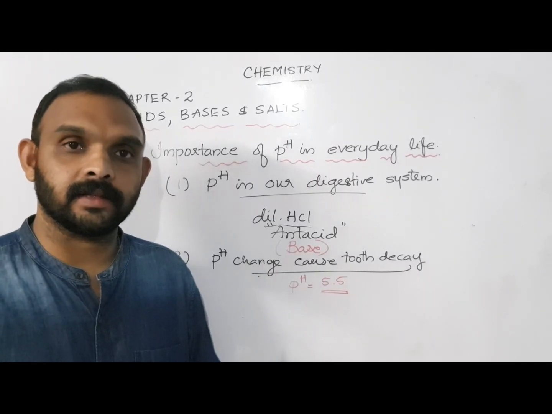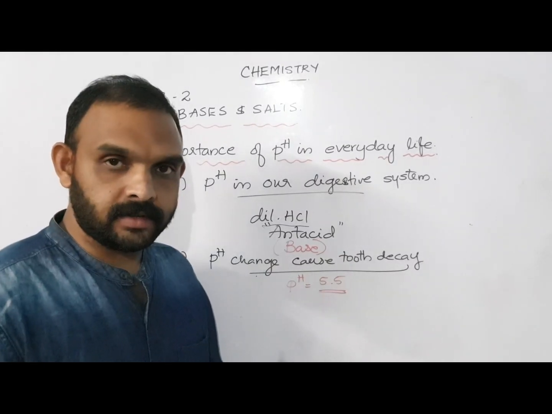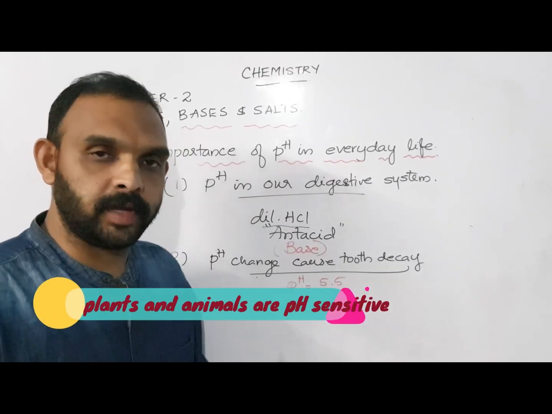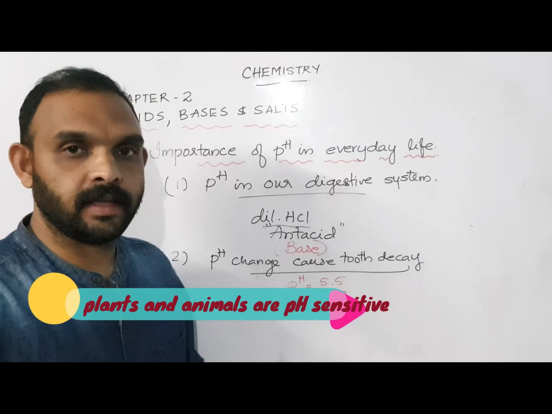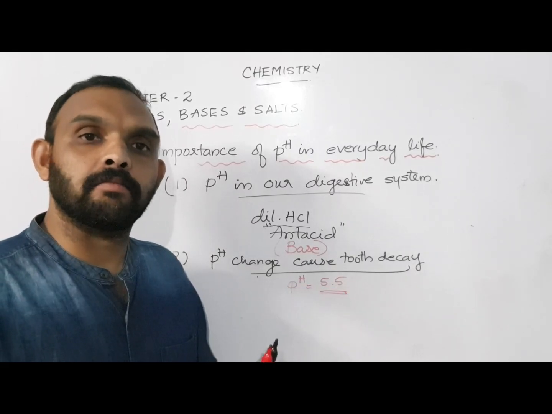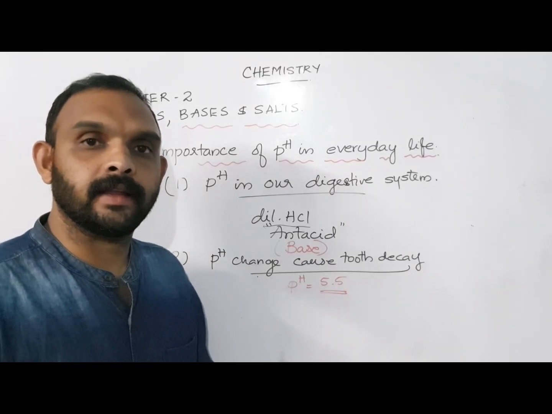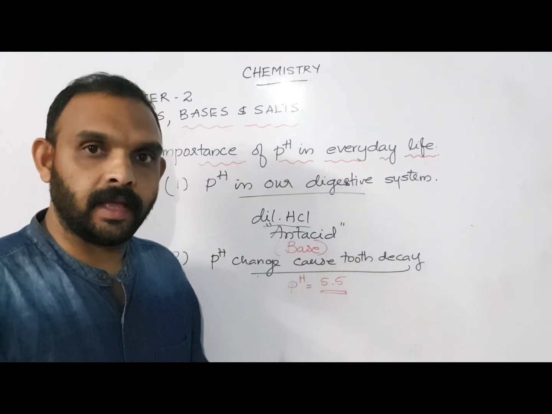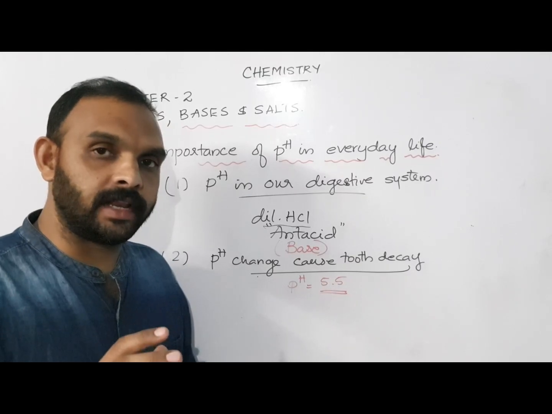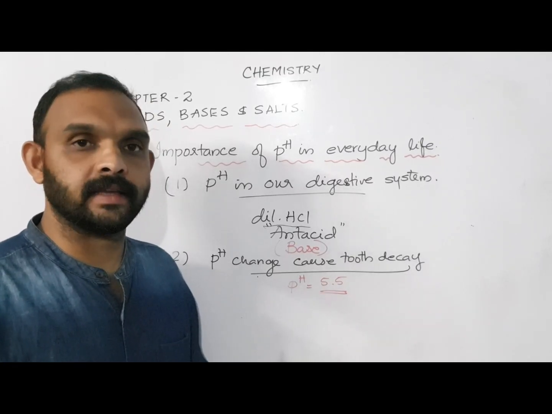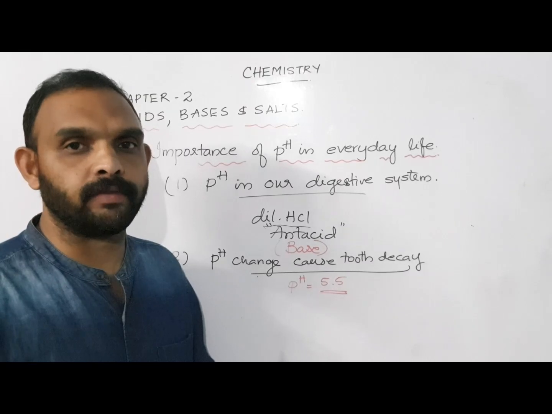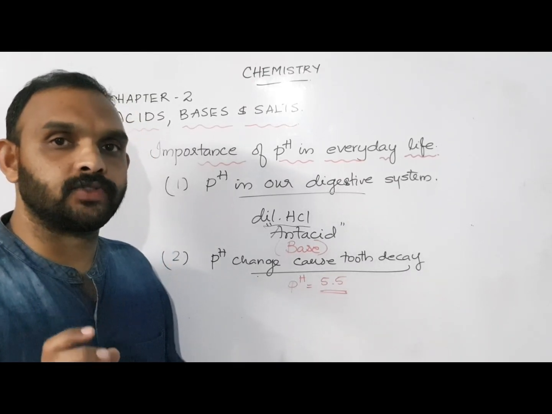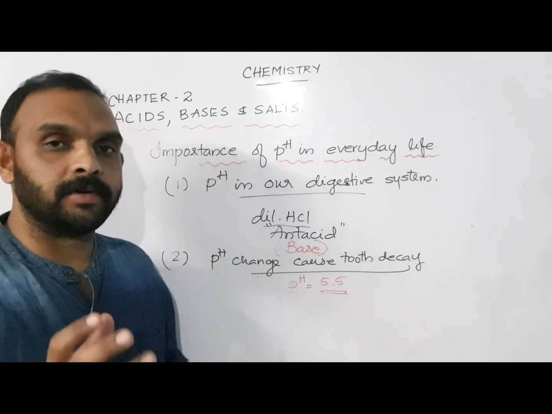Okay, clear? The fourth point is that plants and animals are pH sensitive. We know that most of the plants grow well in a pH range of almost 7. If the soil is too acidic or too basic, plants do not grow well. So at that stage, what will the farmers do?